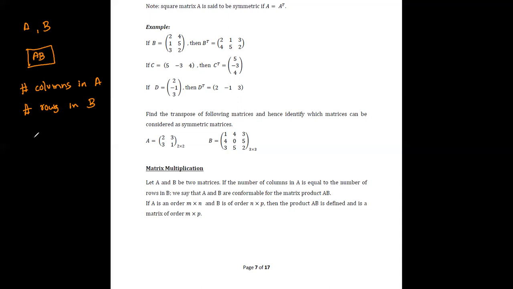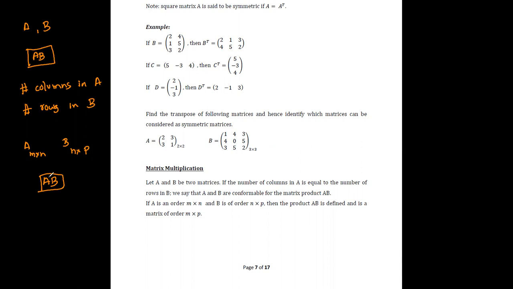Suppose that A has the dimension, the order, m by n, and B is an n by p matrix. Now, if we need to identify the matrix product AB, what we need to check initially is whether the number of columns in the first matrix is equal to the number of rows in the second matrix.